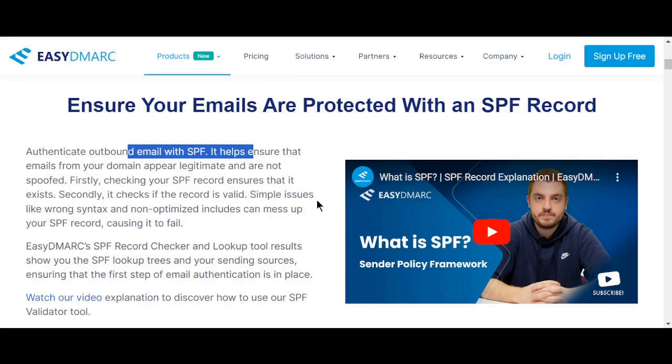And domains are going to include domains that third parties that may send on your behalf, or maybe your own domain that you're sending from. This is a pretty simple authentication. It pretty much just either lists an IP address or a domain, and that tells email providers anytime they see something coming from there, they can check your domain, this DNS record, and see that was approved by your SPF record.